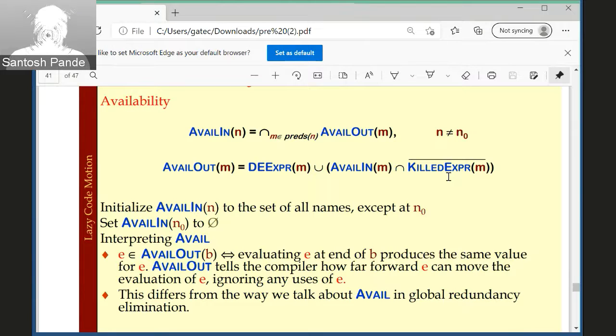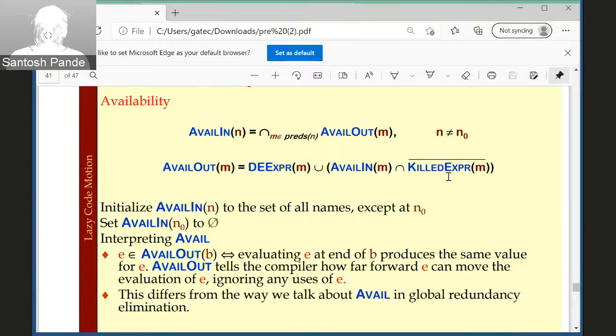So along each edge, it should be evaluated, and that value which is evaluated should remain intact after the evaluation point. So no redefinition allowed for downward exposed. And then it should be available along all incoming edges, and that's why the intersection there.